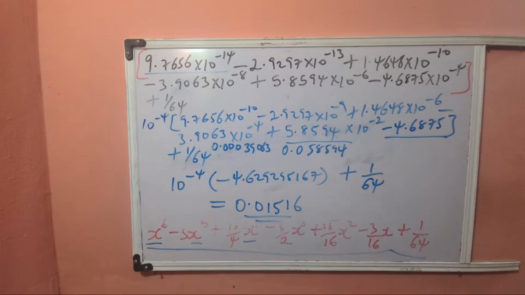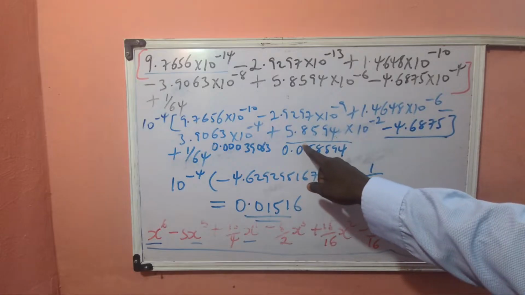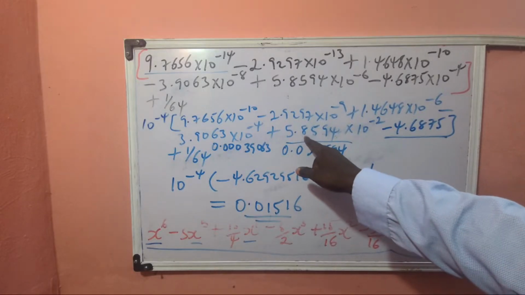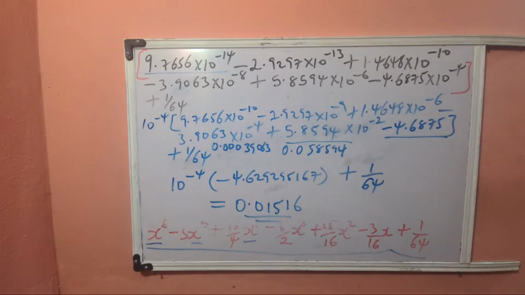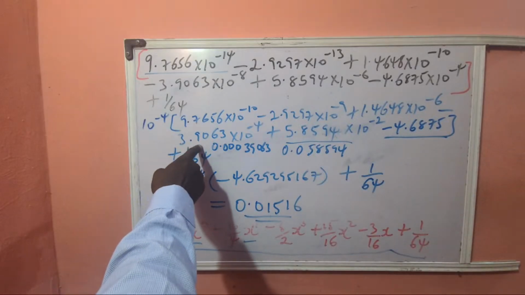So this is why I advise you to always solve questions very carefully. Be very careful when you're solving questions. Make sure you're not too much in haste, especially when you're solving questions like this. And always express your decimals well. You don't want to be approximating this as 5.9. That would be so wrong. You don't want to be approximating this as 3.9.